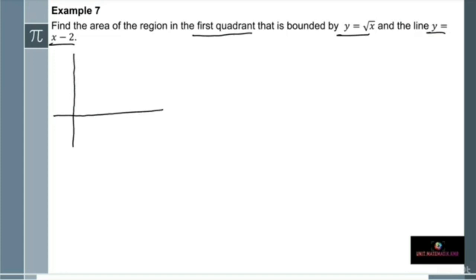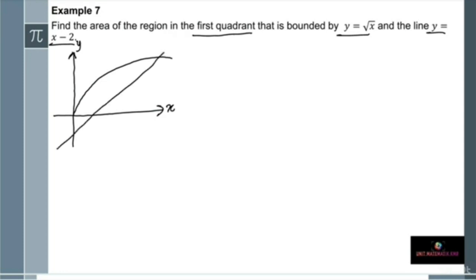So this one is x, this one is y, y equals sec x something like this, and next is y equals x minus 2, something like this.